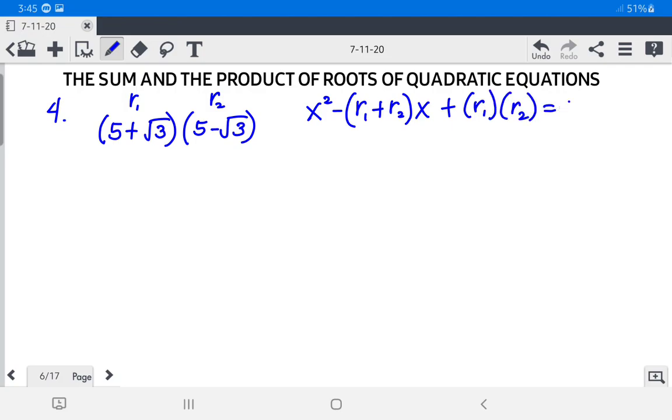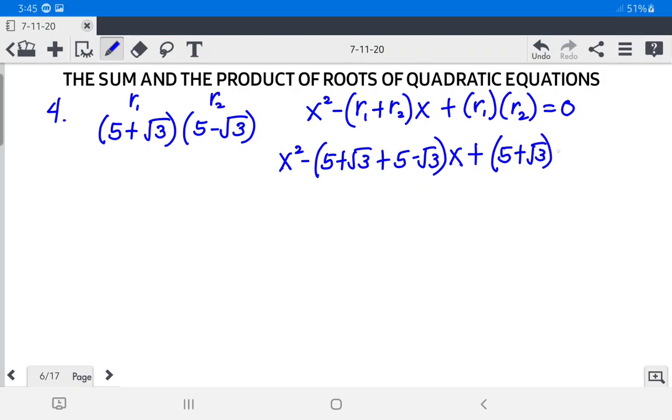So we have x squared minus, we have 5 plus square root of 3 plus 5 minus square root of 3 x, then plus 5 plus square root of 3 times 5 minus square root of 3 equals 0.